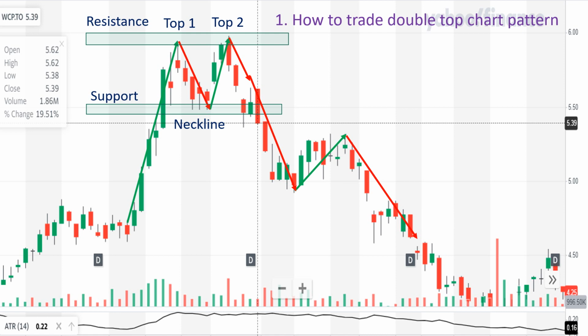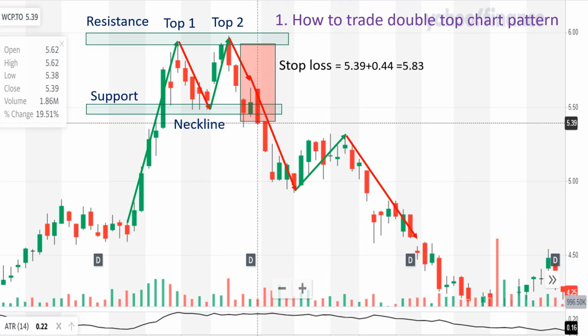Now to enter the trade, it's so easy. You can wait for this bearish candle to close below the neckline, and then you can put your entry to ATR above the close price of this bearish candle for stop loss, and for ATR below the close price of this bearish candle for profit target.